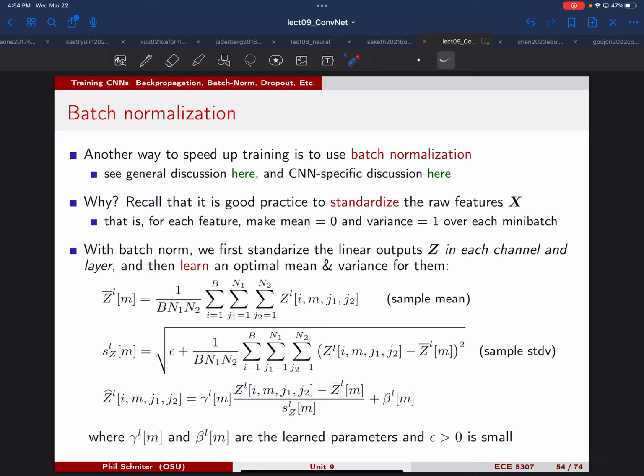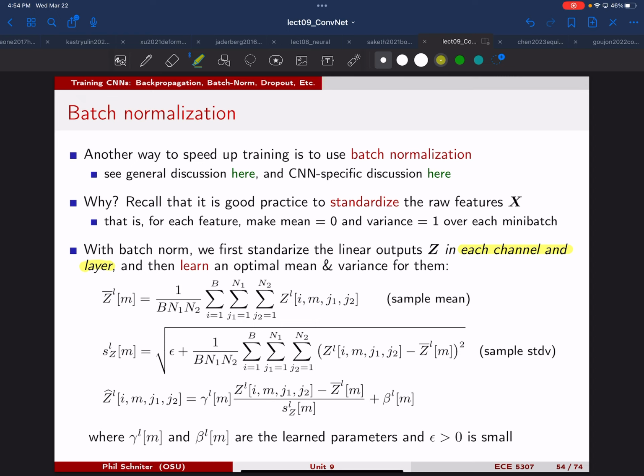And essentially, that's one way to think about batch norm, is that for each channel and each layer, you want to standardize your features.